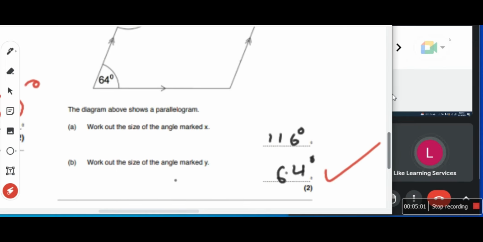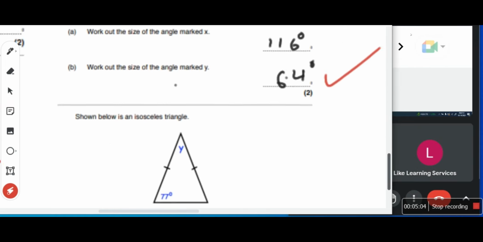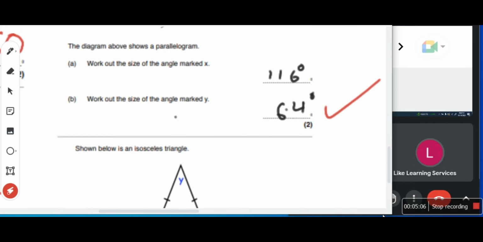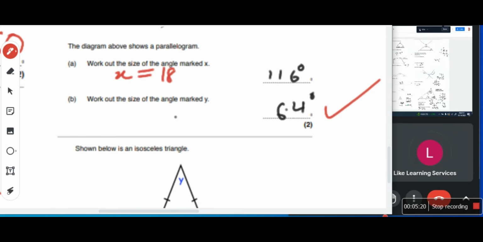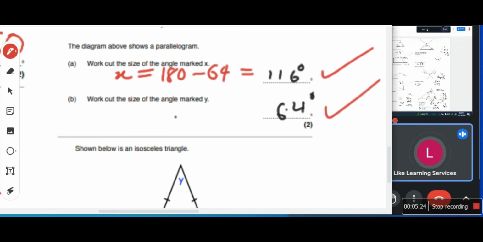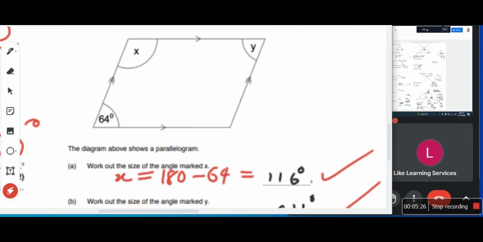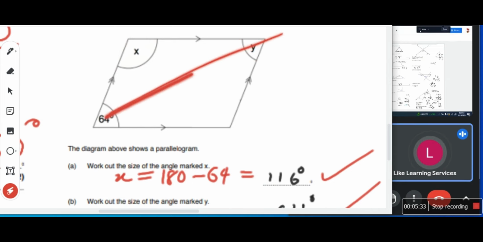So I hope that's what you did. That's what you did. So X is 64 plus 116. Okay, that's 180. So to get X, you did 180 minus 64. All right, that's also correct, because x plus y must give you 180. And y must be 64. The opposite angles are equal.